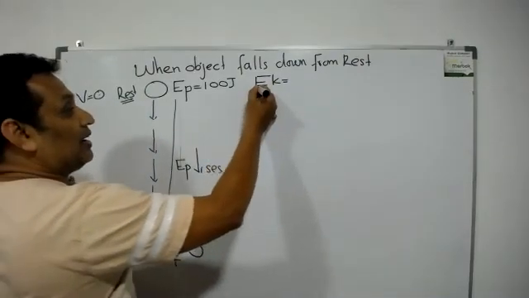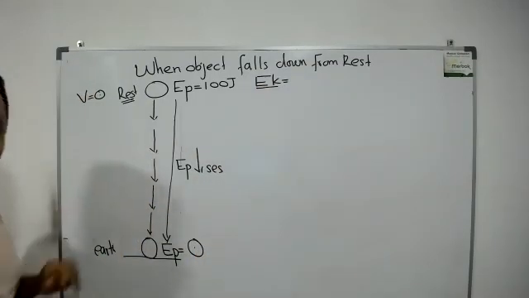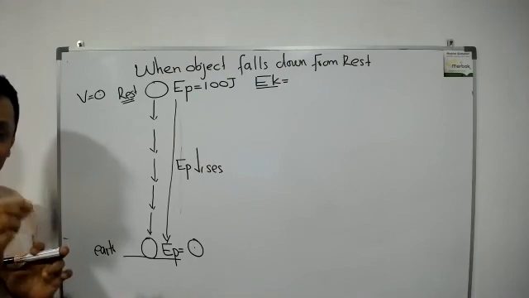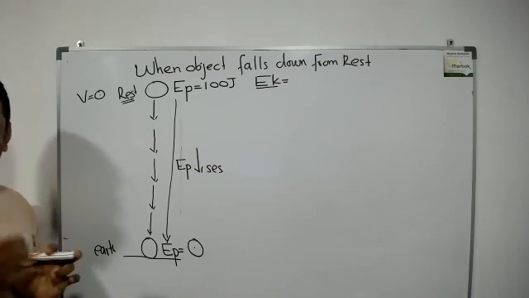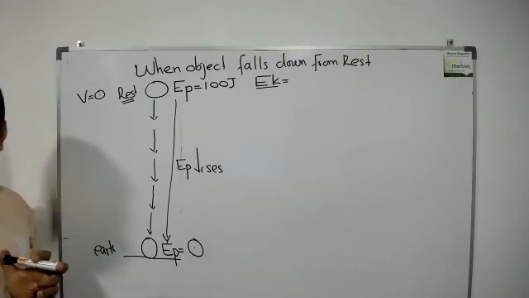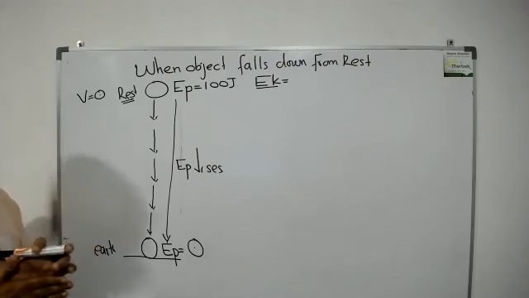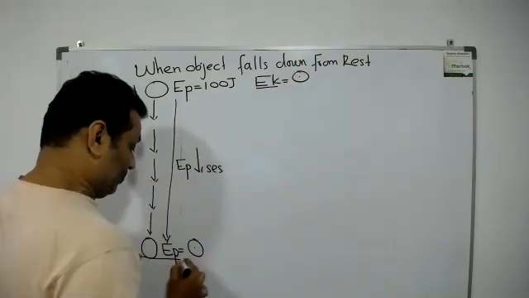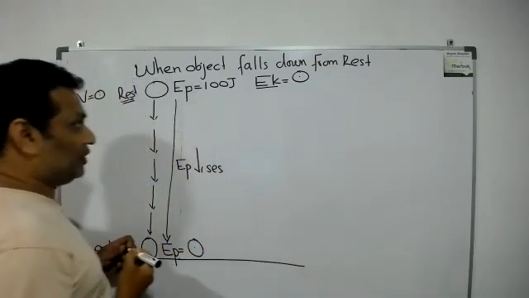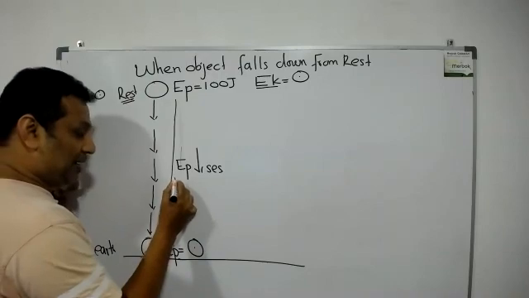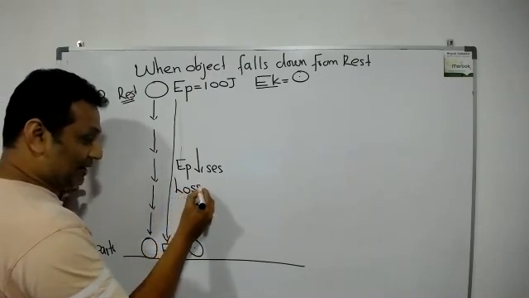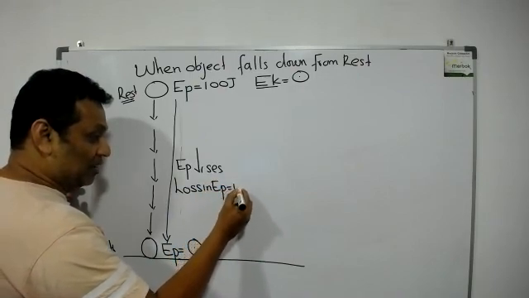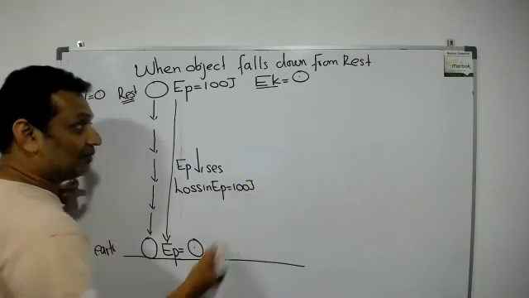Then what can you tell about EK here? EK here is 0. So in the previous one I told, now here EP decreases. What is the loss in EP? Loss in EP equals 100 joule.